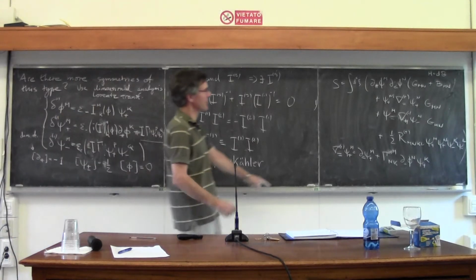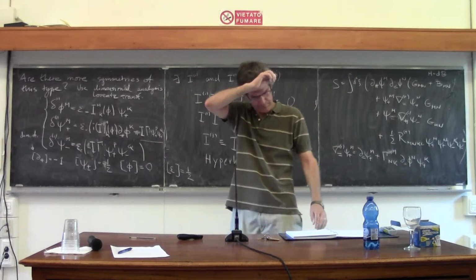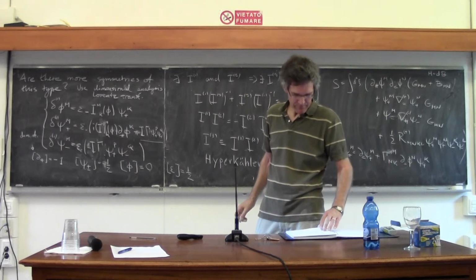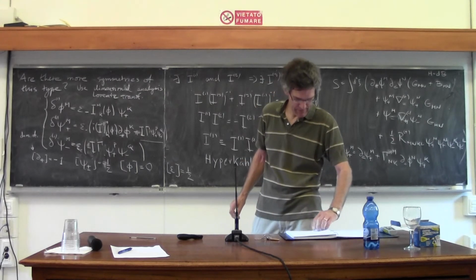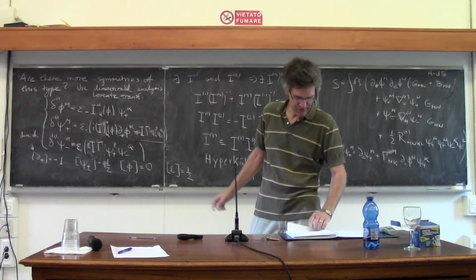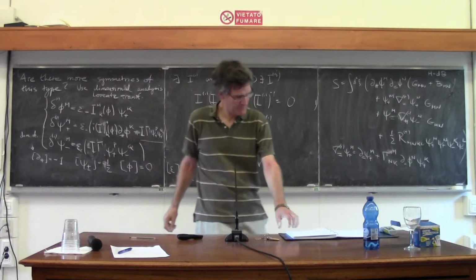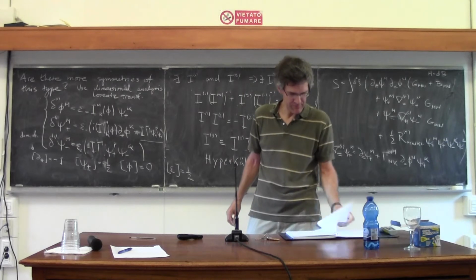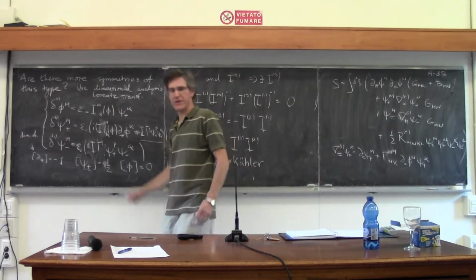And the torsion is given by the three-form field strength. And again, you can play this game, and essentially all the calculations go through, except that you have to put the torsionful connections here.